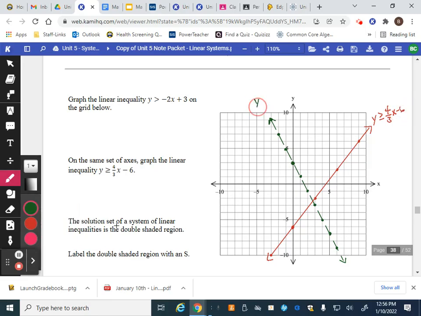All right, so let's talk about shading for a second. So we talked about direction. When it's greater than, I'm going to think about shading up from the graph. So this one I'm going to think about shading up. Same thing with the red line, greater than or equal to, I'm going to think about shading up.